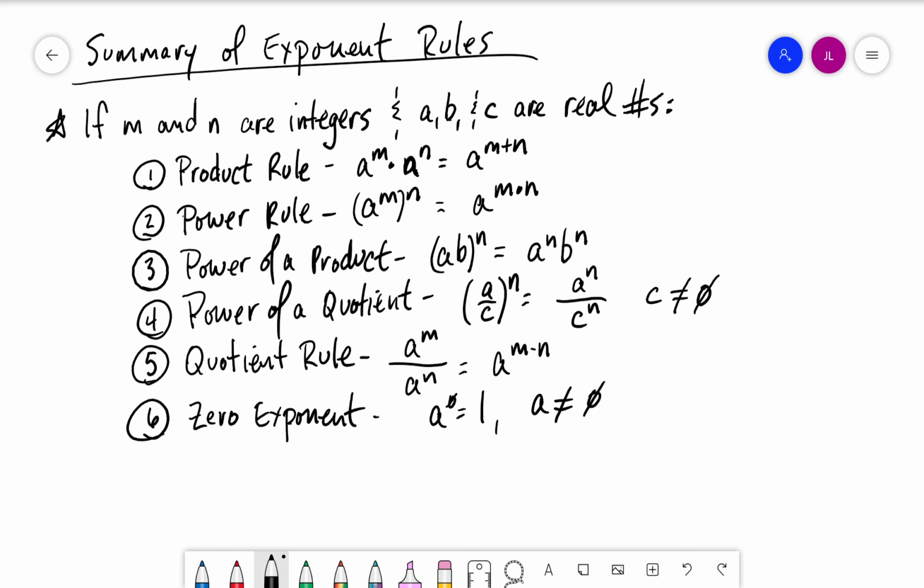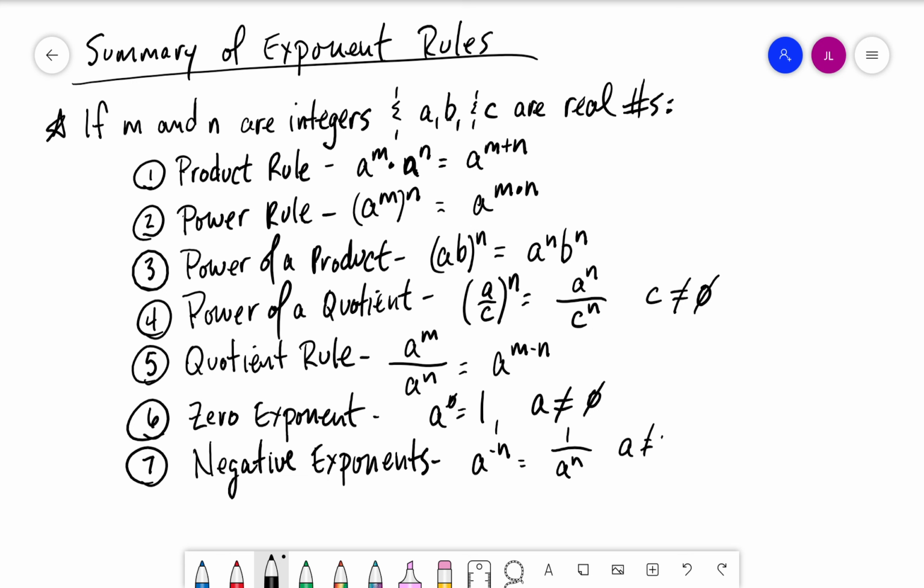And the last rule we have here, from the last video, is negative exponents. For negative exponents, a to the negative n is equal to 1 over a to the n, where a cannot equal 0.